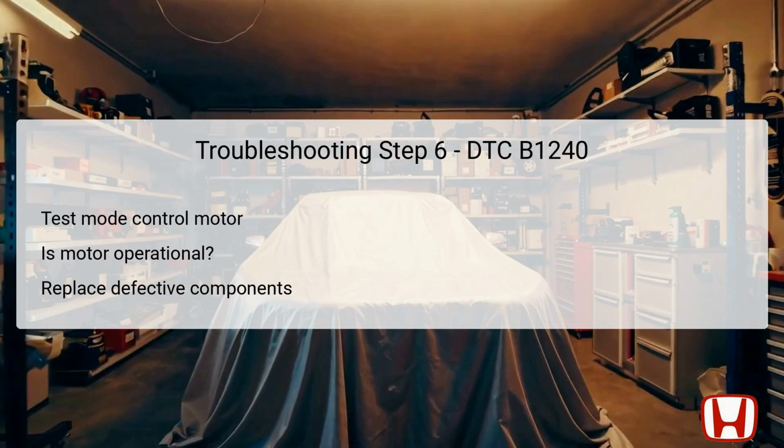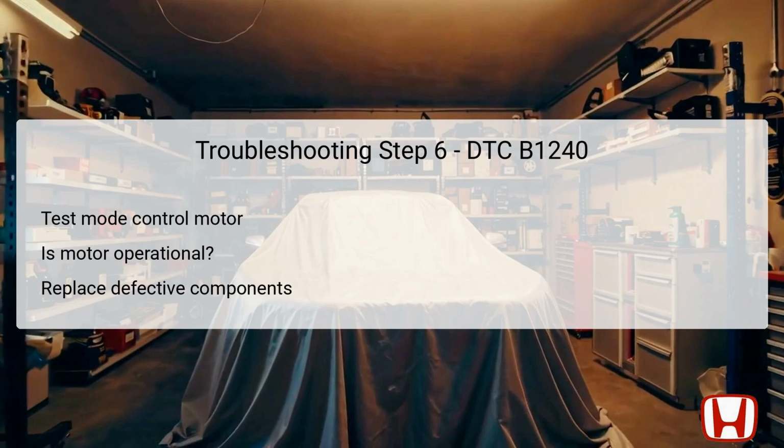The final troubleshooting step involves testing the mode control motor itself. If the motor passes the initial checks, then it's essential to confirm its operational status. If the mode control motor is found to be functioning correctly, replacement of the climate control unit may be necessary, as this could be the root cause of the recurring DTC.